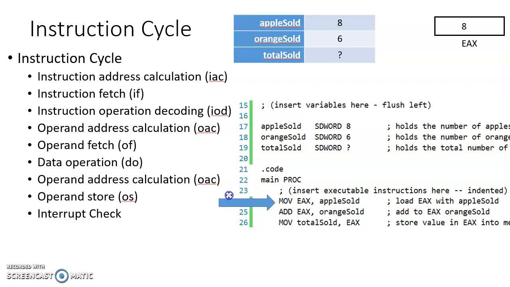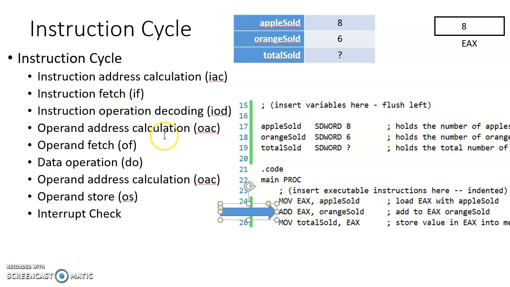So for the next instruction, it'll do the instruction address calculation to figure out where that is in memory, and then it'll fetch it. So the add EAX orange sold would be fetched onto the processor. Instruction operand decoding, it'll try to figure out what exactly is being done here. It knows it's going to have to do the add, so it may have to do some pre-work, because soon, when we get to the data operation, the arithmetic logic unit is going to be doing something.